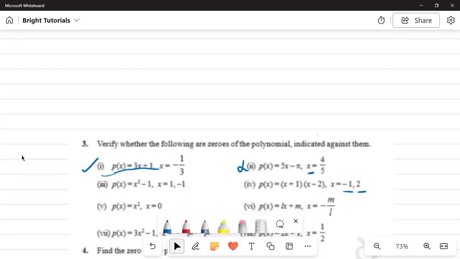Part number 5 I am skipping because it is too simple, but I am doing part number 6 for your convenience. What will happen in part number 6?